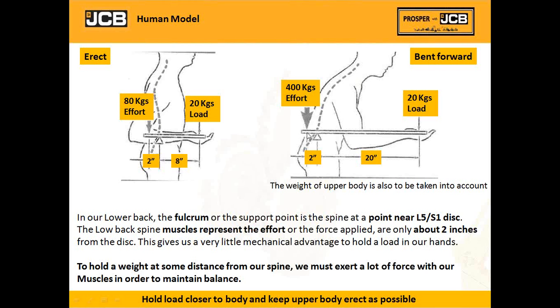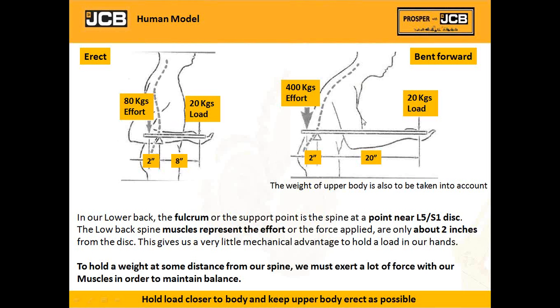Now consider an example in which you have stretched this hand. The moment you stretch this hand and the hand goes away from your body, you cannot lift it in the erect position. You have to bend forward. The moment you bend forward, you see a situation wherein this has come over towards the other side of the fulcrum.